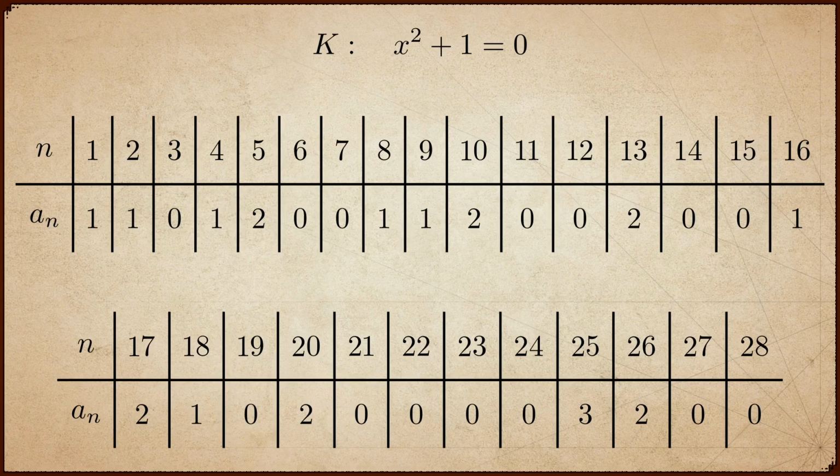This sort of explains how the equation x squared plus 1 equals 0 gives rise to the sequence 1, 1, 0, 1, 2, and so on, that is the L function of K. So we have passed from the equation to the L function.